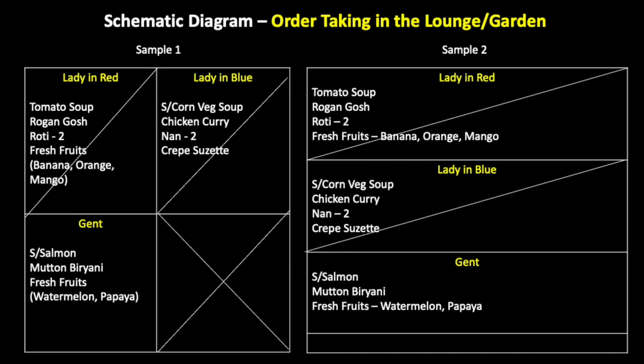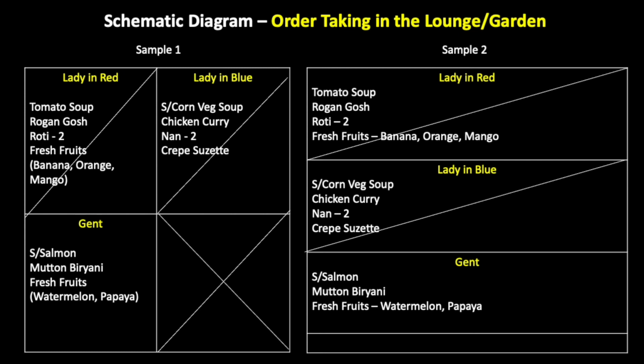But he knows the table number because he has taken the reservation and done a reservation on the table for 4 people. Now, what is a schematic diagram?